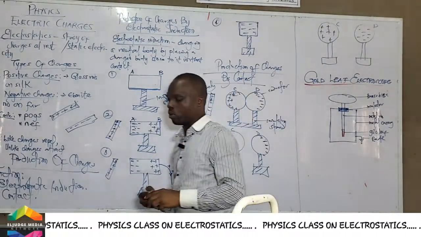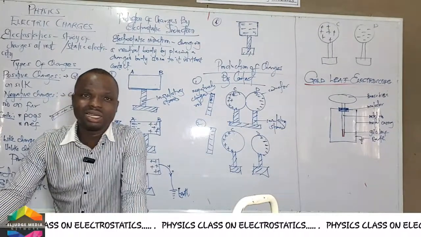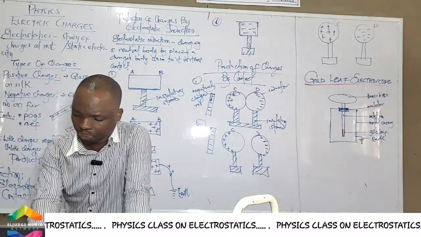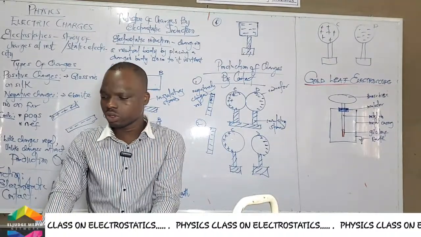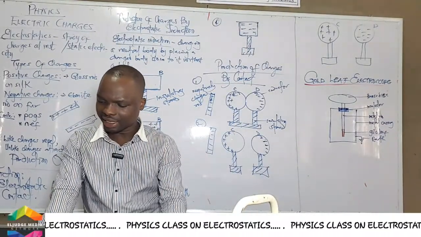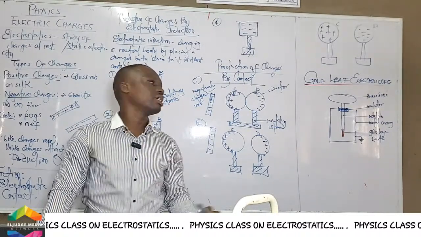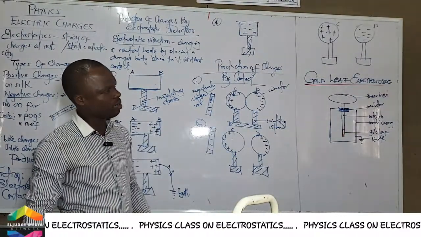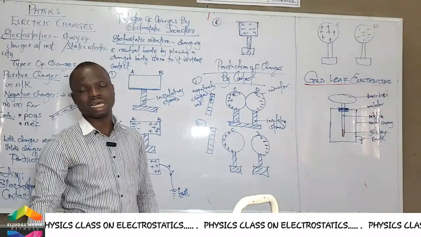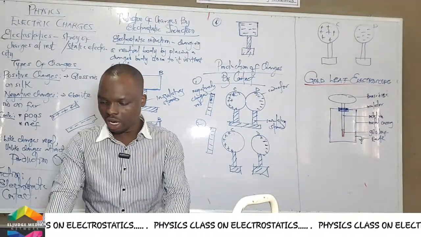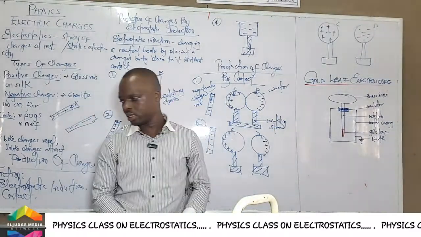Now, what is a gold leaf electroscope? A gold leaf electroscope is an instrument for detecting and testing small electric charges. You can see we have a flat plate here.